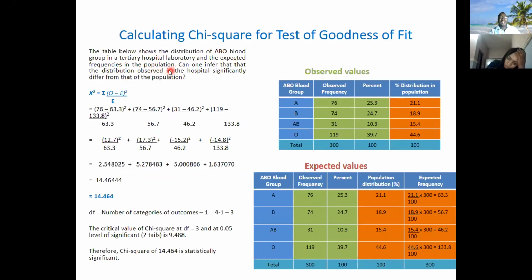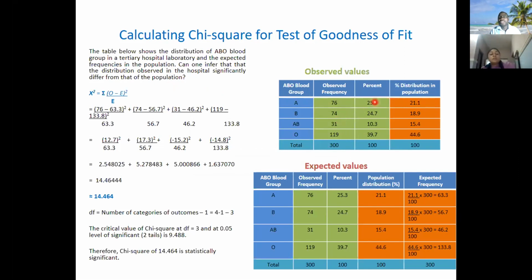Can one infer that the distribution observed in the hospital significantly differs from that of the population? So you are trying to see, is it the same, is it consistent, is there any difference between them?